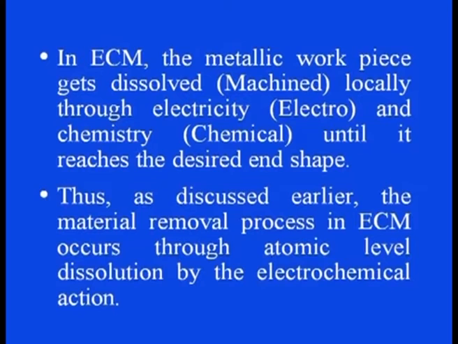In electrochemical machining, the metallic workpiece gets dissolved, which we call in manufacturing as machined locally through electricity and also chemistry, that is chemical reactions. Electrical dissolution and chemical reactions both are present in this process until it reaches the desired end shape.